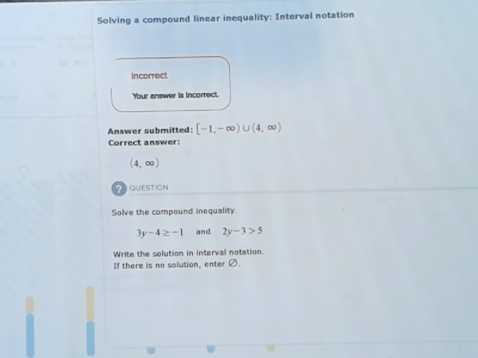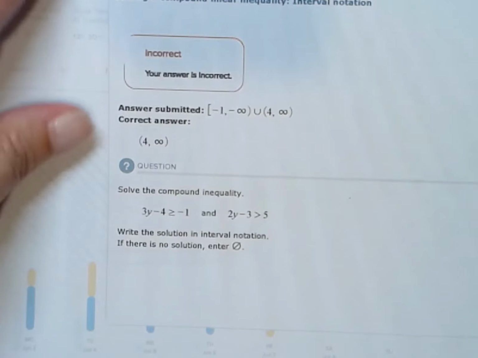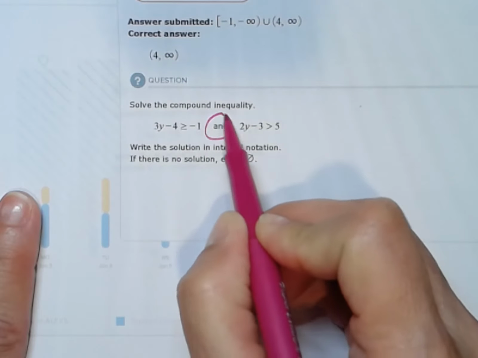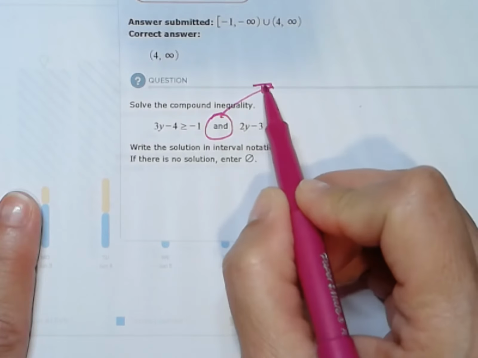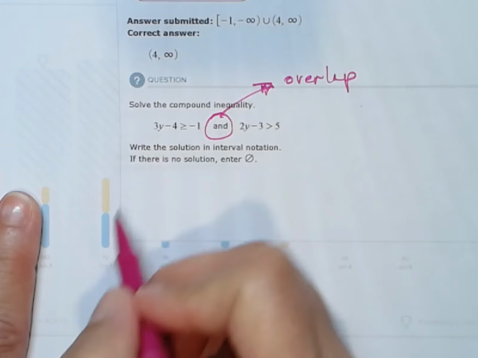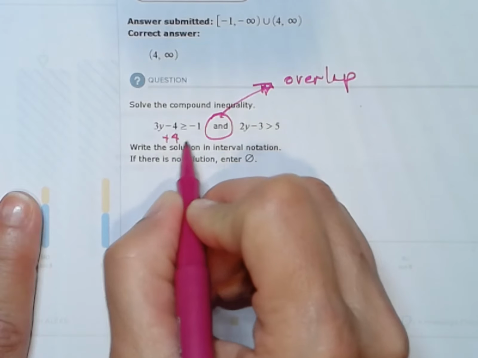Let's look at another one. So for this one, again, I've got an and, okay? So again, I'm looking for where they overlap. So I solve each side, add 4.